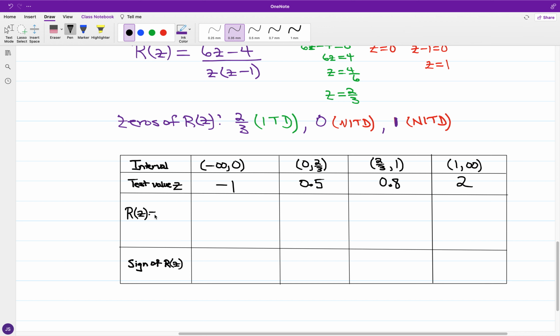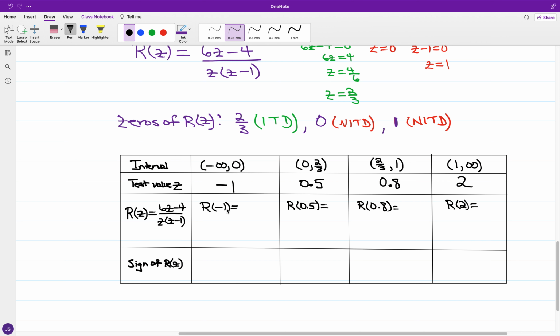So we have r of z equals 6z minus 4, all over z times the quantity z minus 1. For the corresponding function values, we'll start out with the integers.